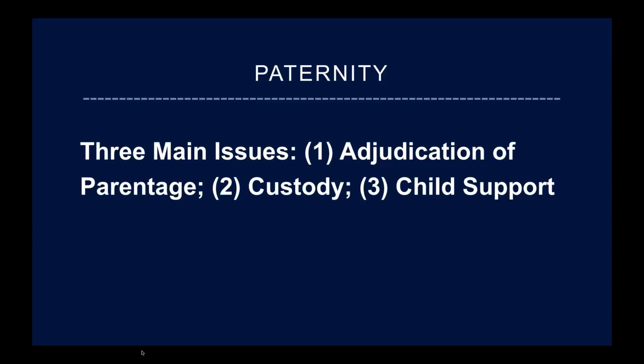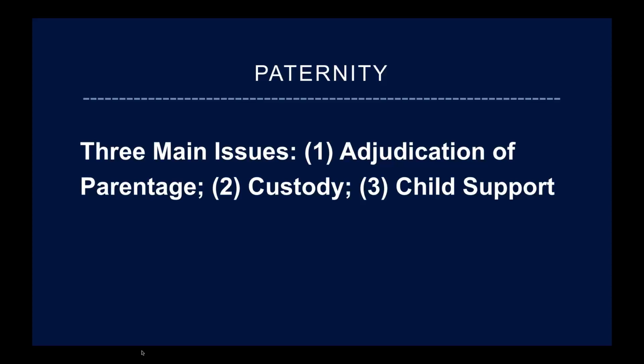And again, paternity is a case where a child is born outside of a marital relationship. The child has a mother and father. We need to figure out who is the father of this child. And we need to figure out, is there any child support that's due and owing? And we have to figure out, does that father wish to have any custodial rights or parenting time?